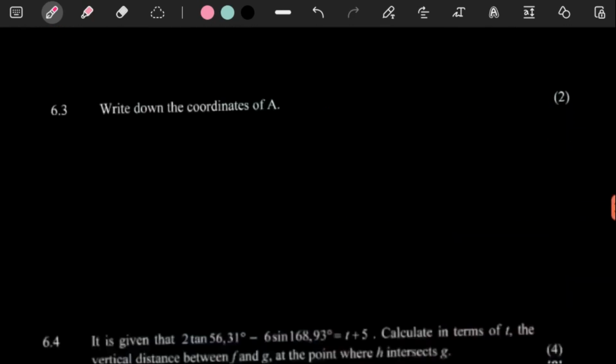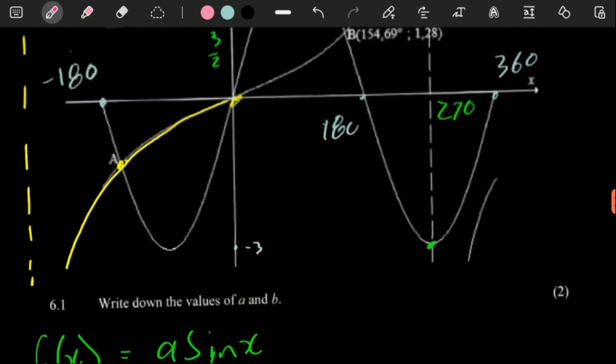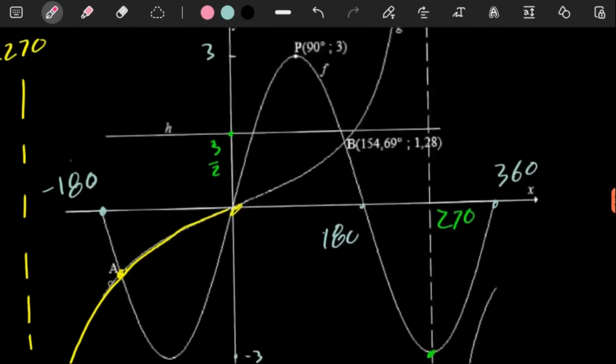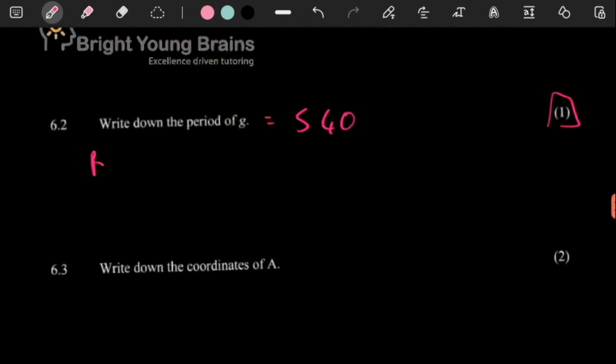So the coordinates of A is the point of intersection. Now, you may be thinking to yourself, do you have to work it out algebraically? The good news is no, you really don't, because these points are symmetrical. So use B. You know that B is 154.69, 121.28.